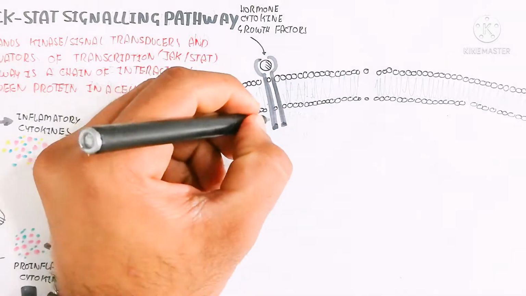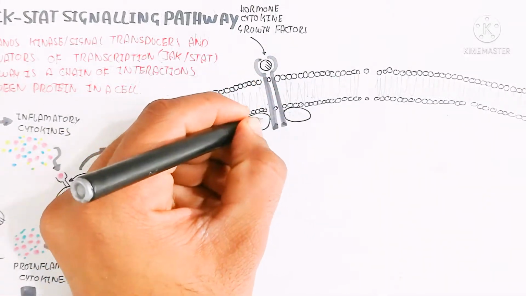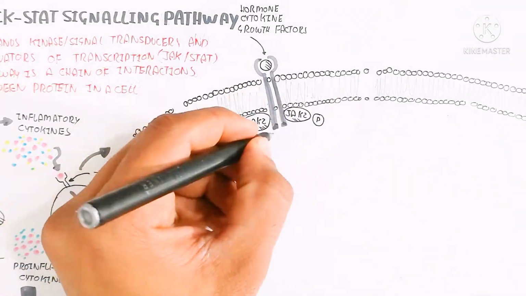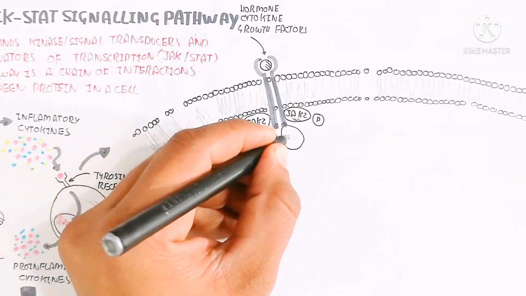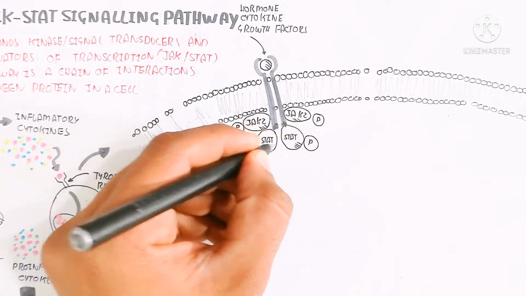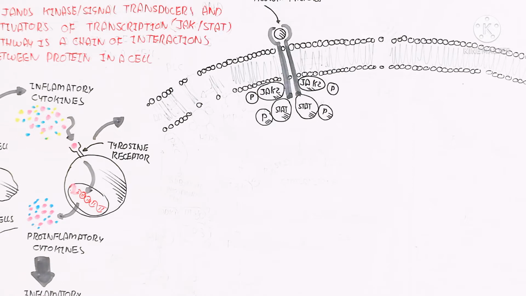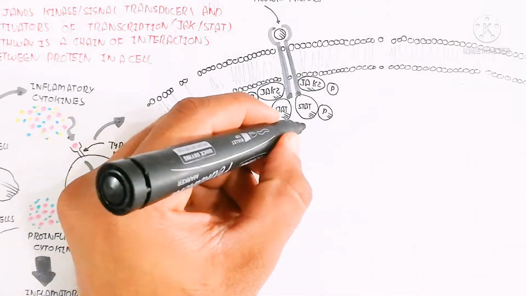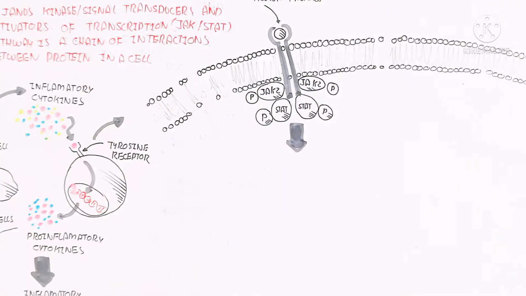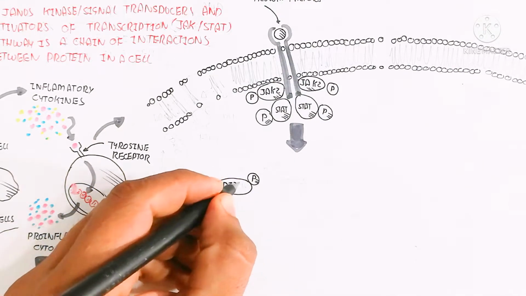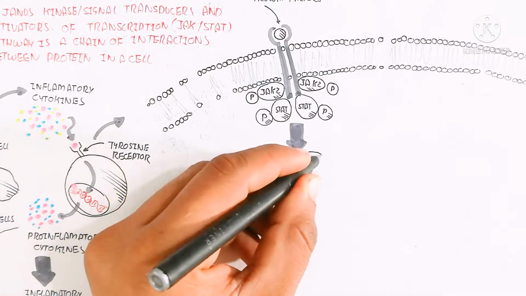After the binding with the growth factor or a cytokine, for example, the JAK2 is phosphorylated, and the STAT will be phosphorylated by the recruitment of the STAT protein from the JAK2. After the phosphorylation, dimerization will occur and dissociation from the receptor. After the dissociation from the receptor, it will go into the nucleus for transcription.